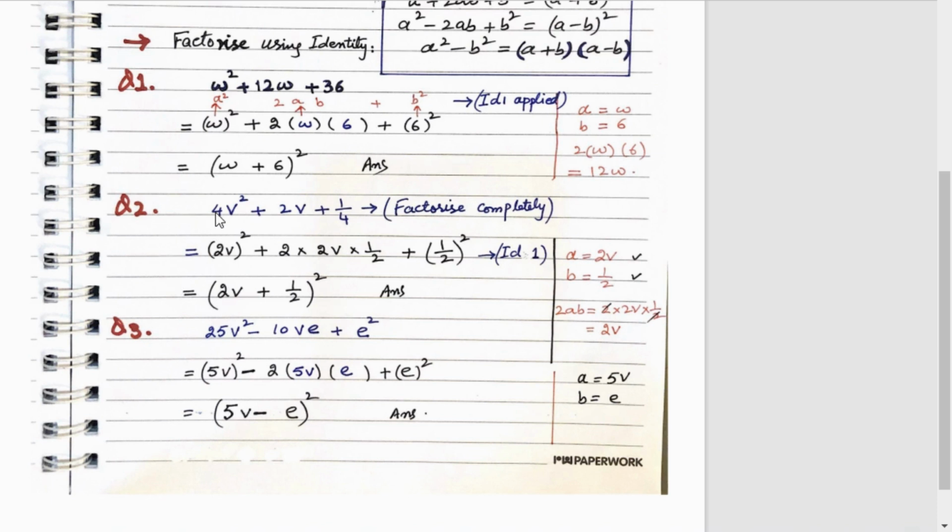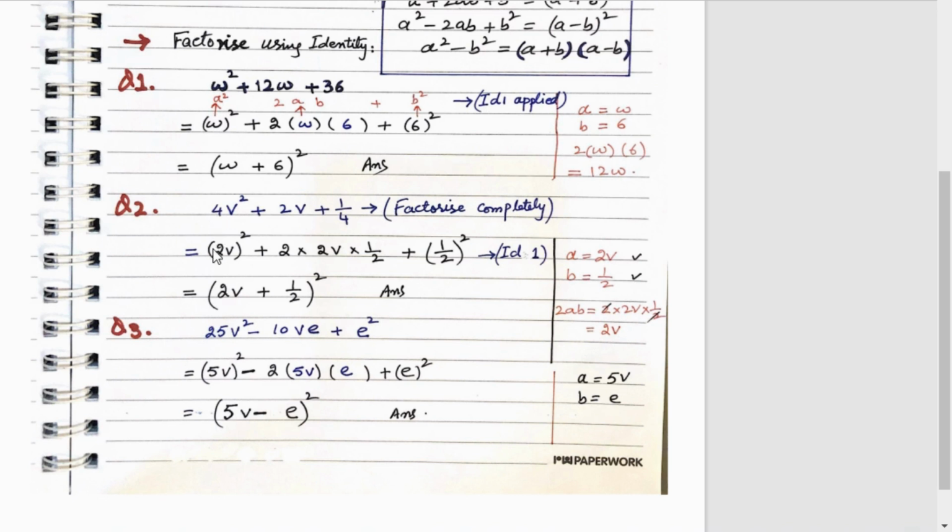Now we can write down 4v square again in the form of a square. What is the square of a? 4. Can we write down 4 as 2 square? Can we write down v as square? There is a square on v only. We will convert 4 into another square. When we open 2 square, we get 4.